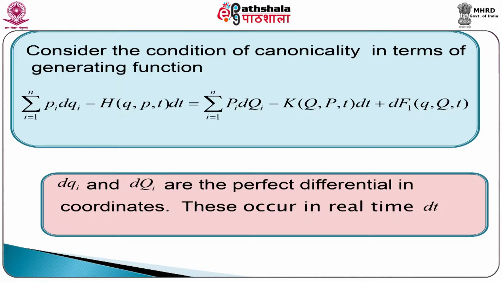Here dq_i and dQ_i are the perfect differentials in coordinates which occur in real time dt. Since the transformations in the phase space are essentially geometrical, which means without any change of the time parameter t, we can set dt equal to 0 in the above equation.